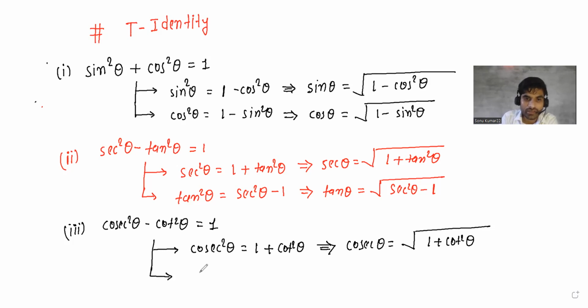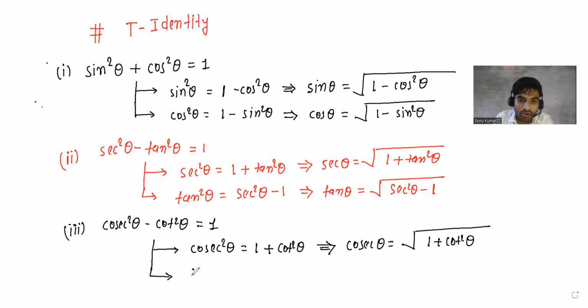Now, see here, another value, cot square theta. How can we find the cot square theta? Cot square theta is on the left side in the negative. If we transfer this cot square theta to the right side, it will become plus cot square theta. The 1 going to the left side will become minus 1. It means cosec square theta minus 1 is equal to cot square theta.